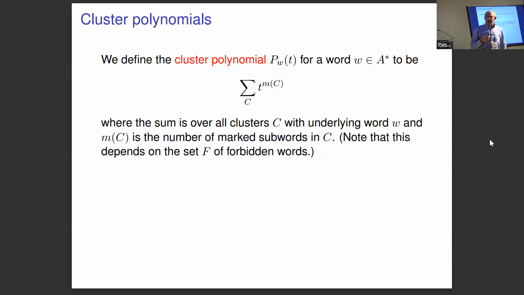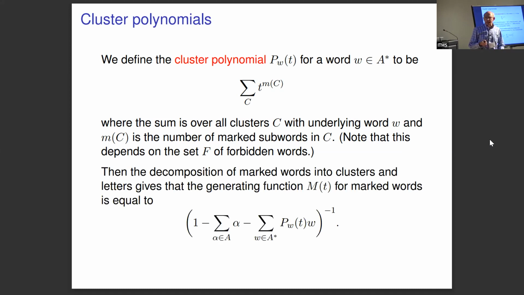Okay, and now I'll define the cluster polynomial of a word to be the generating polynomial for the clusters whose underlying word is W. So I take my word, I look at all of the possible clusters on it, and for each one, I put a weight of t to the number of marked subwords, and I add those up.